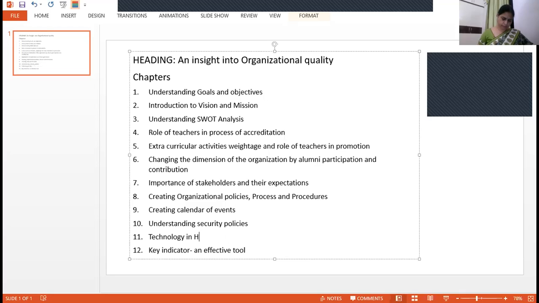Role of technology in administration and academics in HEI.